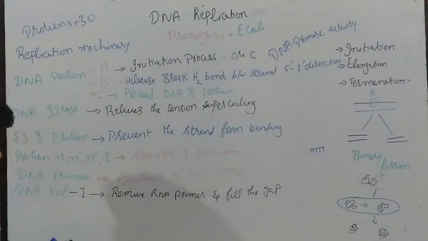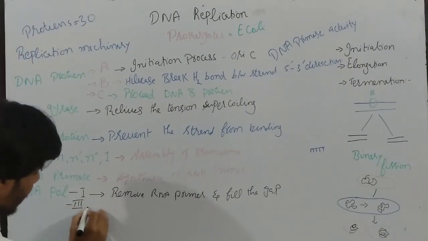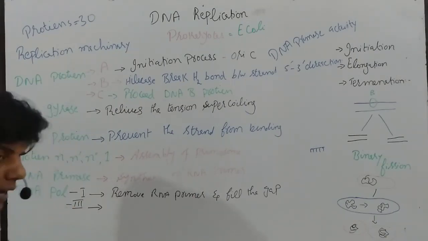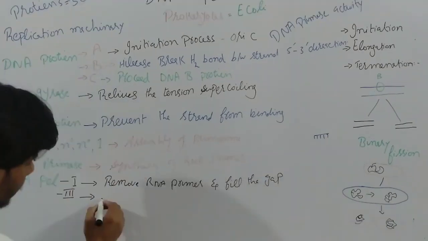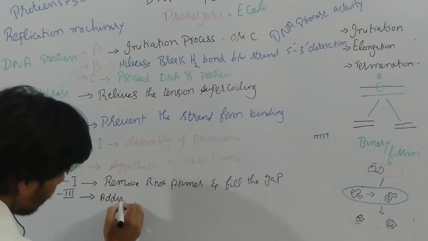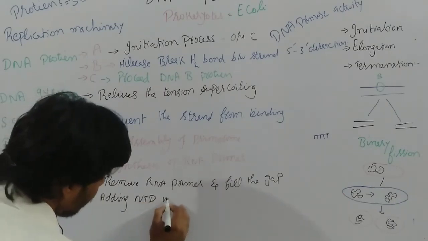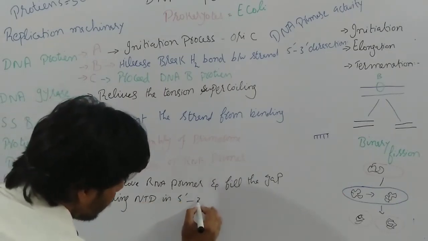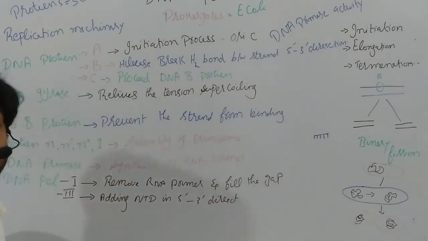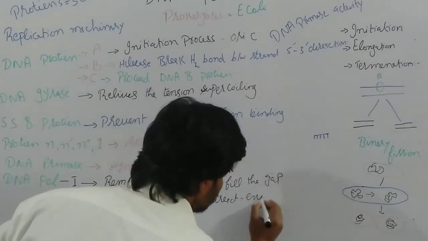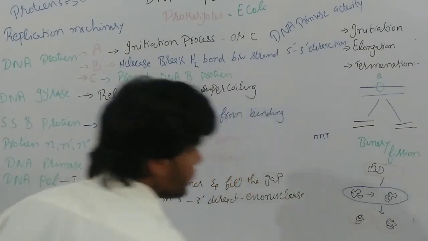Then we have another DNA polymerase, which we call DNA polymerase 3. This DNA polymerase 3 is also involved in adding nucleotides in the 5' to 3' direction, and it also has exonuclease activity.